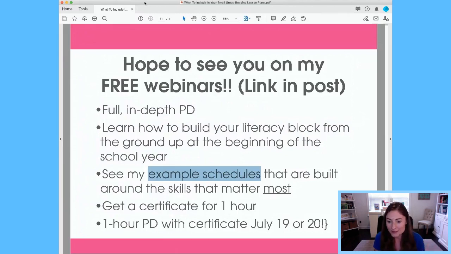So regardless of all that stuff, we want to focus on the skills that really matter most. And so the first and second grade version will be a little bit different from the kindergarten version, very specific to those grade levels. We're going to talk about how to build your schedule around the skills that matter most to help them make fast literacy progress. So very excited about these webinars.